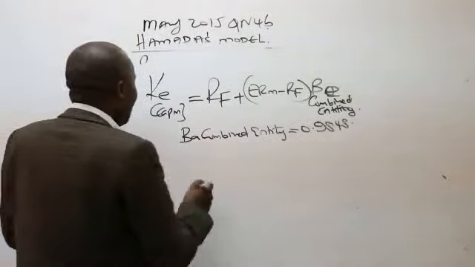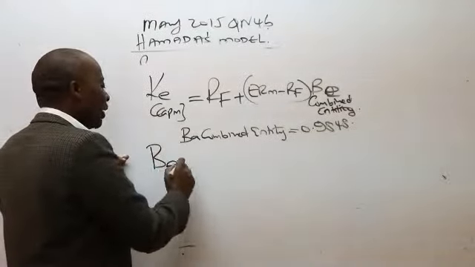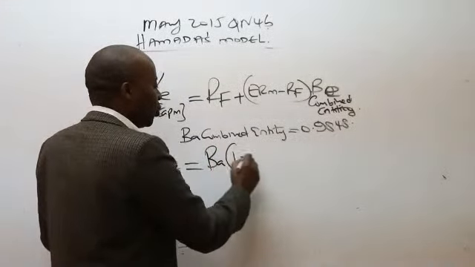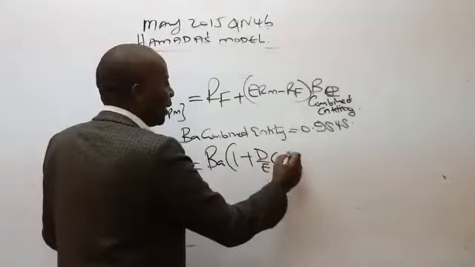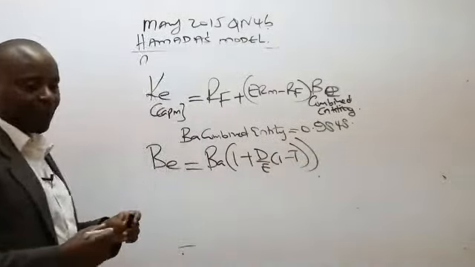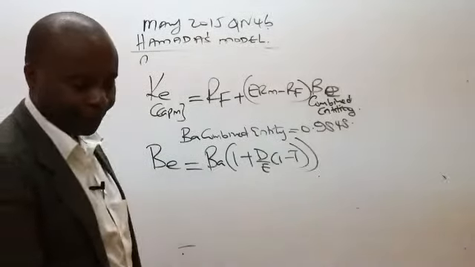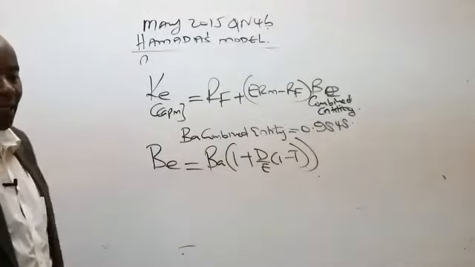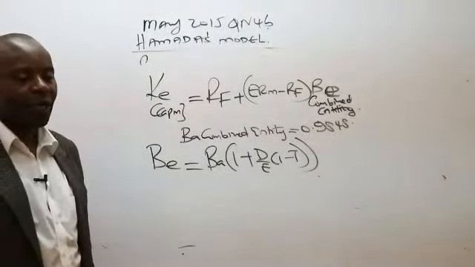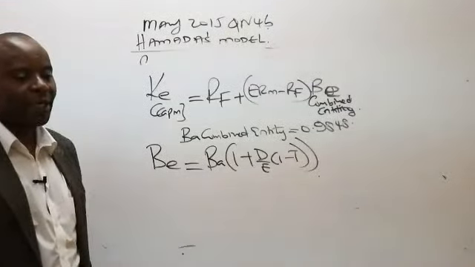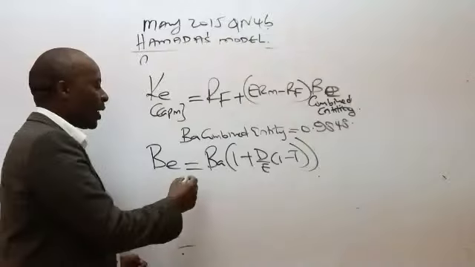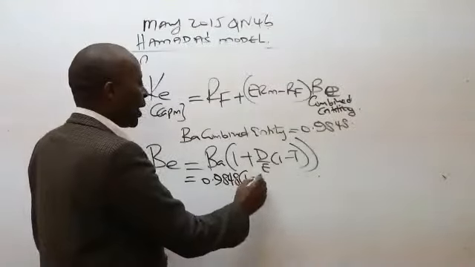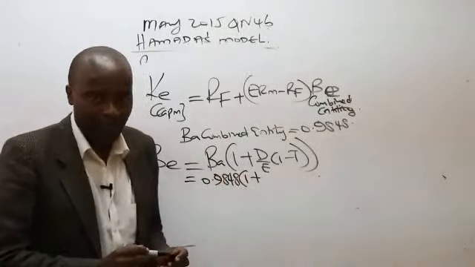If it is the Hamada's model, I know that beta equity should be equal to beta assets into 1 plus debt over equity into 1 minus T, like that. So I put in 0.9848 into 1 plus... the examiner was not very smart.